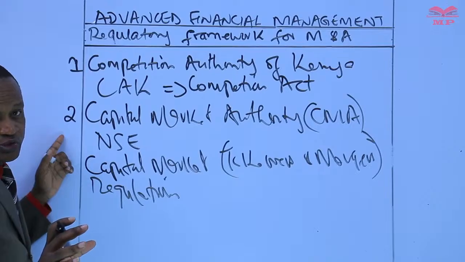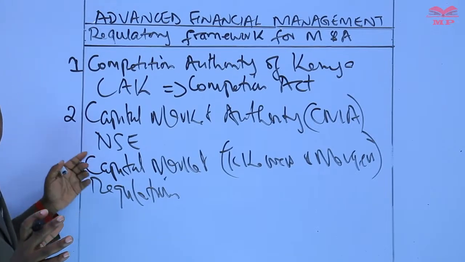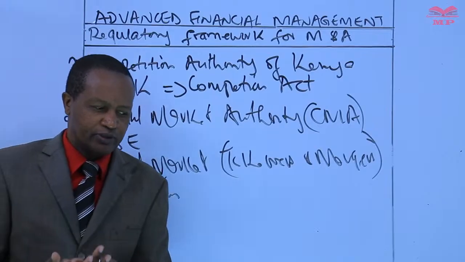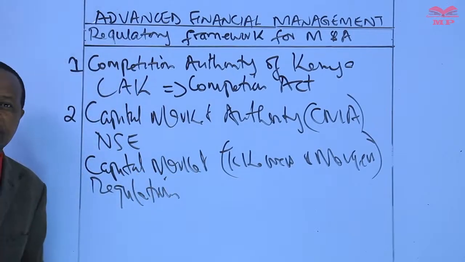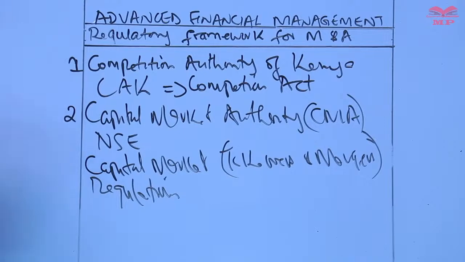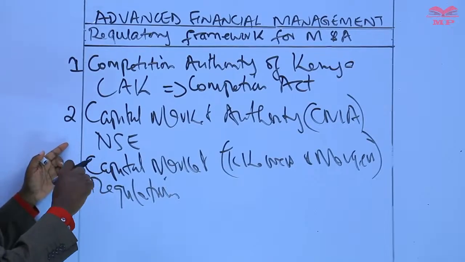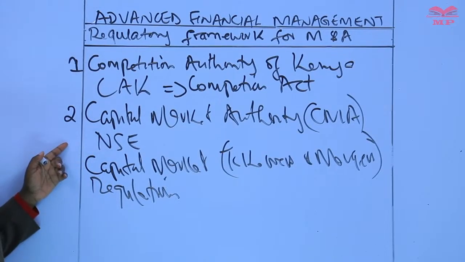And the CMA ensures that there is transparency. The CMA also protects investor interests and so on, particularly the interests of the companies that are listed on the Nairobi Securities Exchange. You understand?